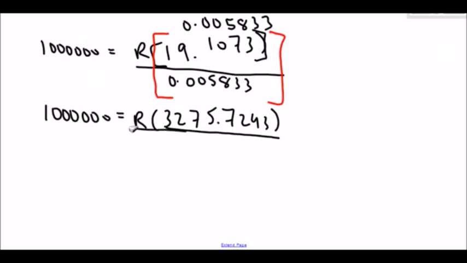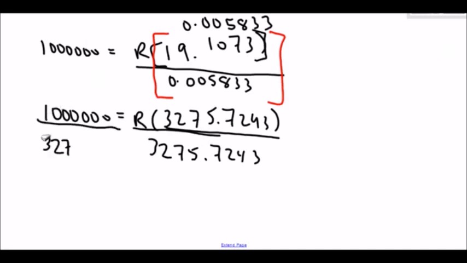So on both sides of the equation, I'm going to divide by 3275.7243, and that'll tell me what monthly deposit needs to be made. So $1 million divided by 3275.7243, and that gives me $305.28.